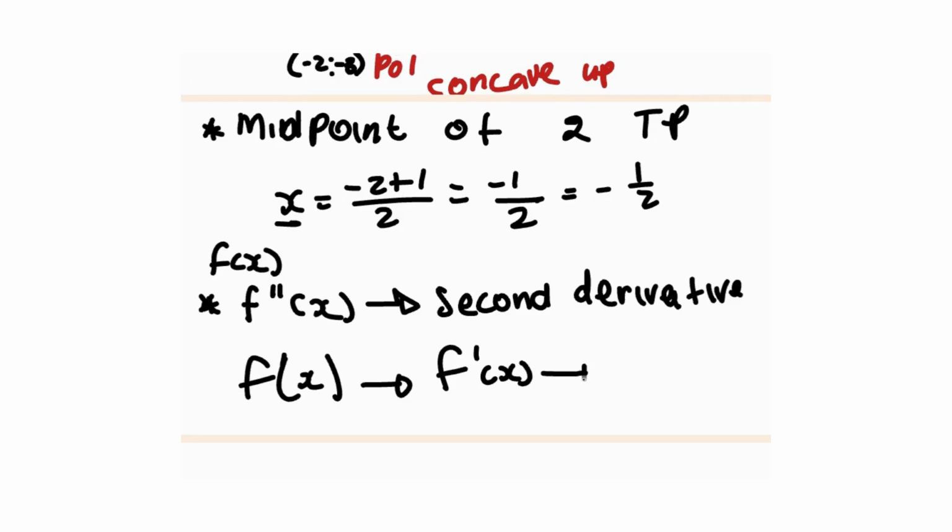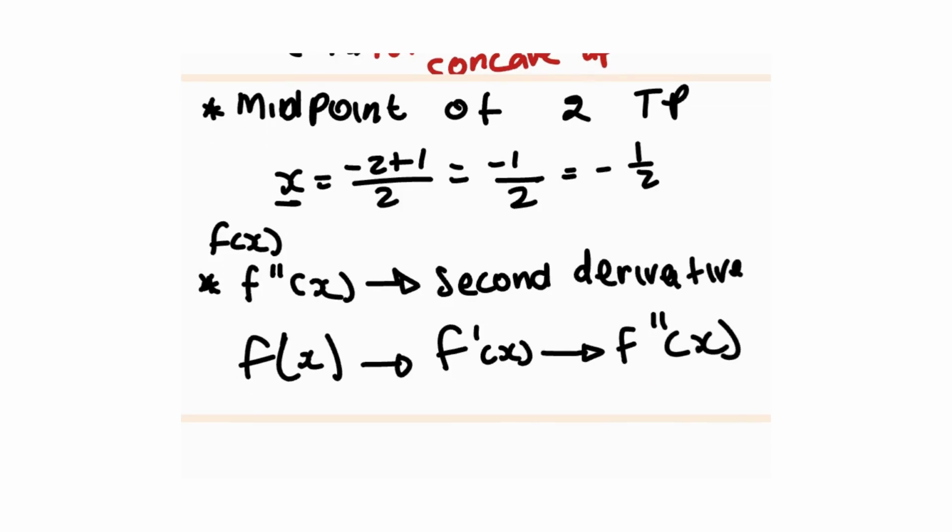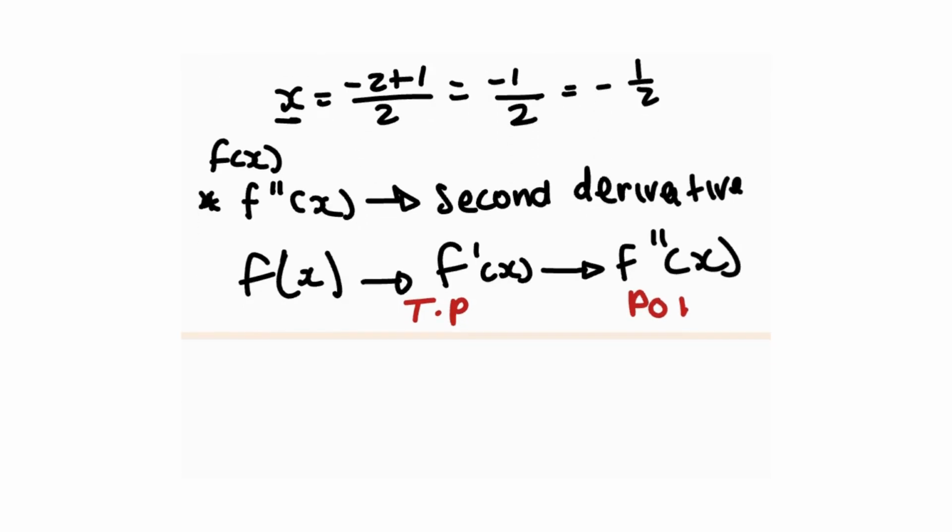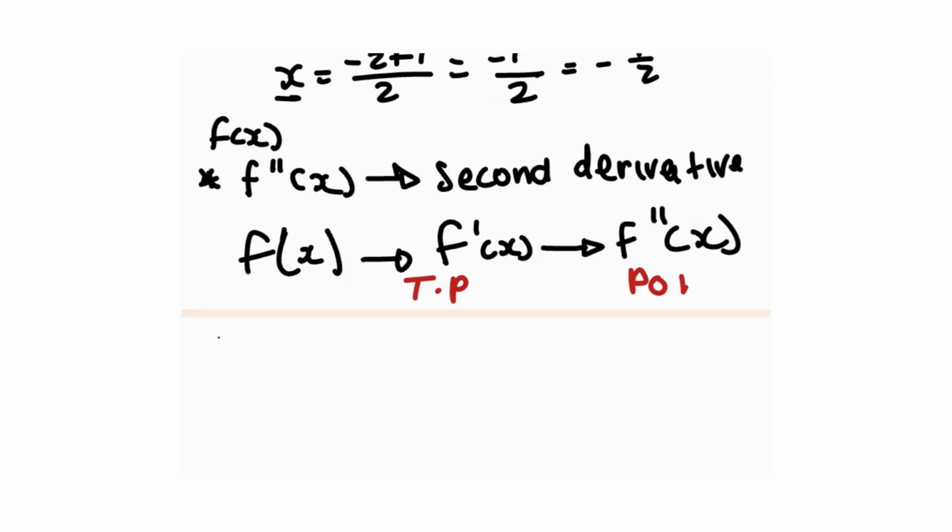When you take it and derive it for the second time, you have the second derivative. Meaning this one is for the turning points and this one is for your point of inflection. So with the second derivative, you are now working with your point of inflection. And we say the second derivative is positive, or greater than 0, when the graph is concave up.